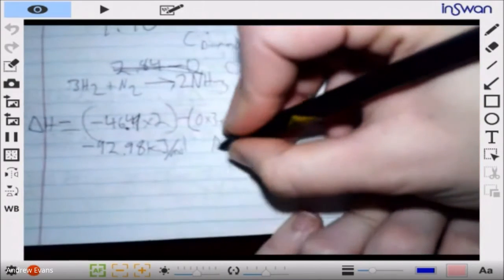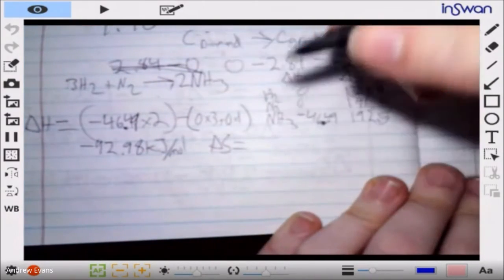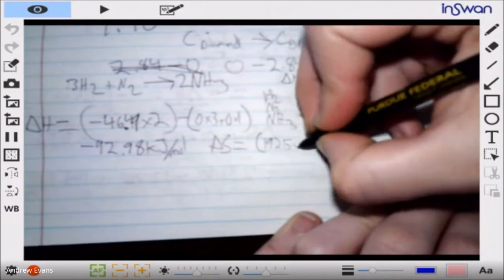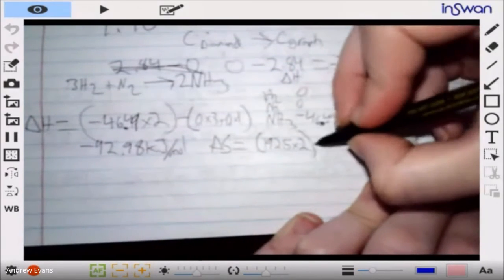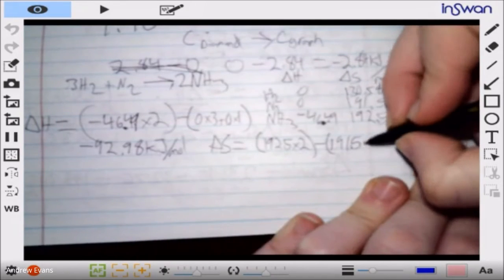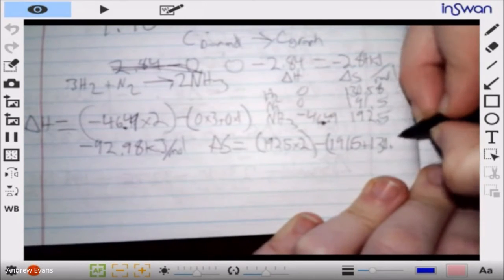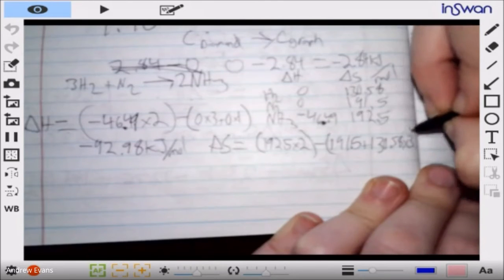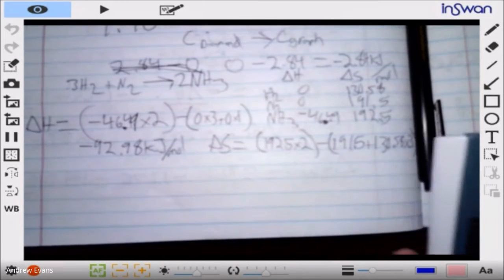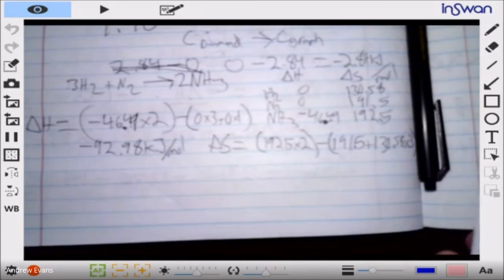Delta S is going to be a little bit trickier. We have 192.5 times 2, all that minus 191.5 and 130.58 times 3.